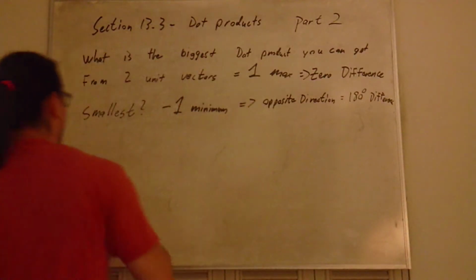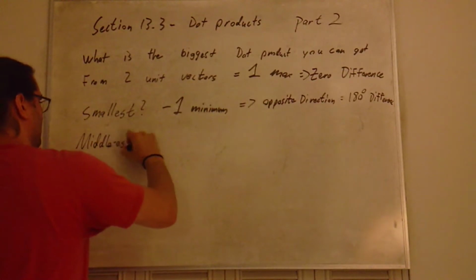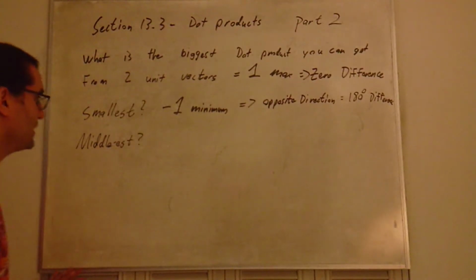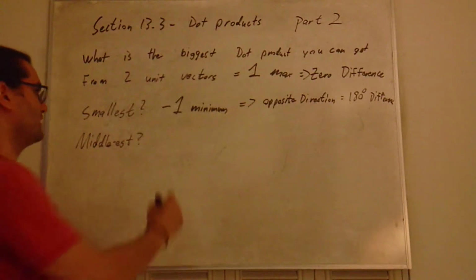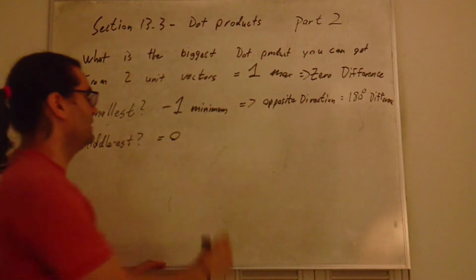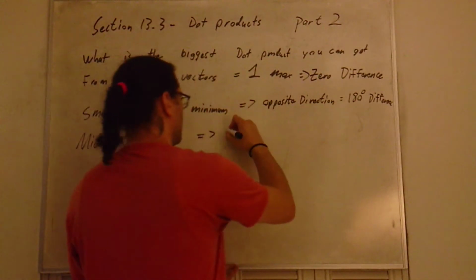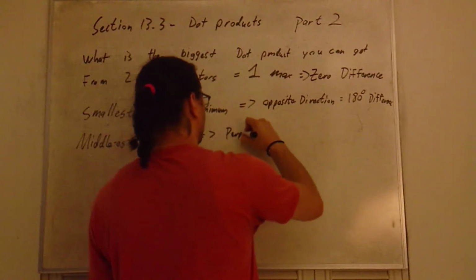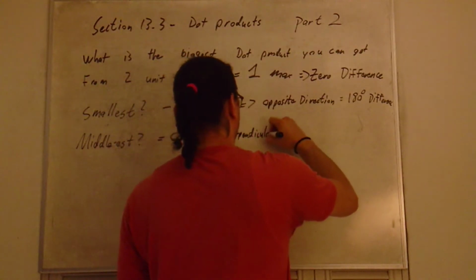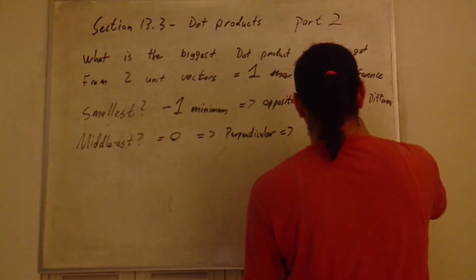The middle-most dot product you can get in between 1 and negative 1, hopefully we can agree that that should be 0. And a dot product of 0 implies that two angles are perpendicular, which is a 90-degree difference.